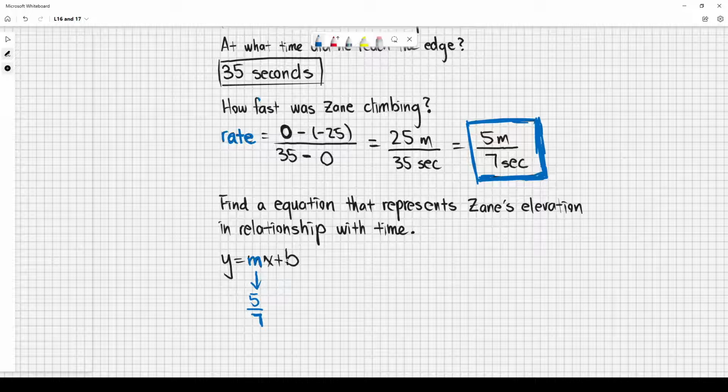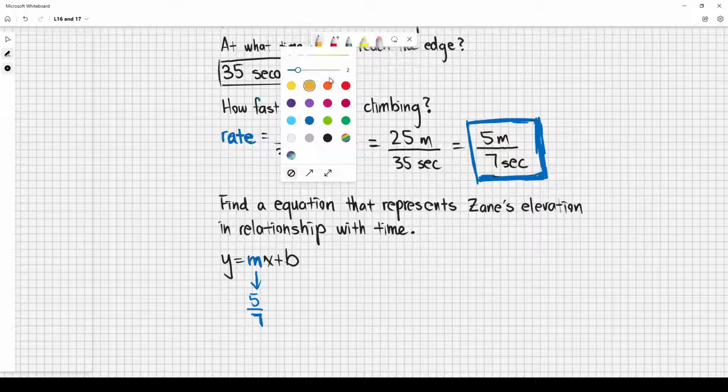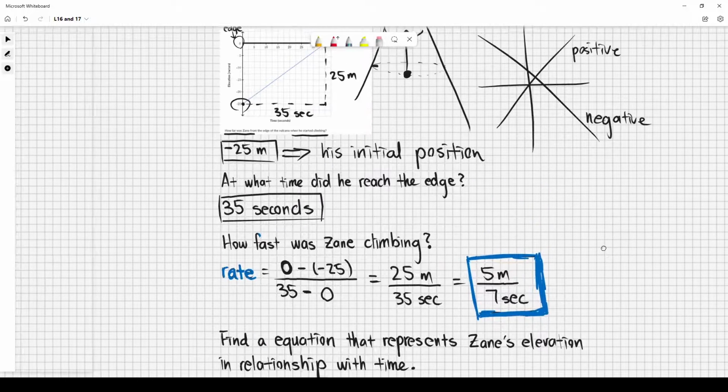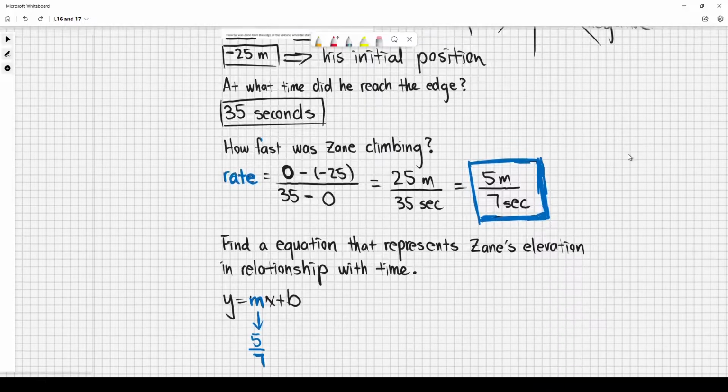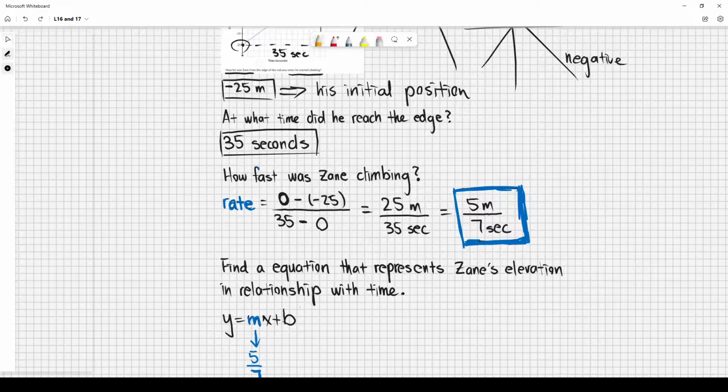So how about the initial value? The initial value has nothing to do with the rate. It's a separate thing on its own. Like, if you look at this, he could have started here, and he went up like that. He could have started here and it went up like that. Doesn't matter. But it shows right on the graph that his initial position, b here, is the y-intercept.